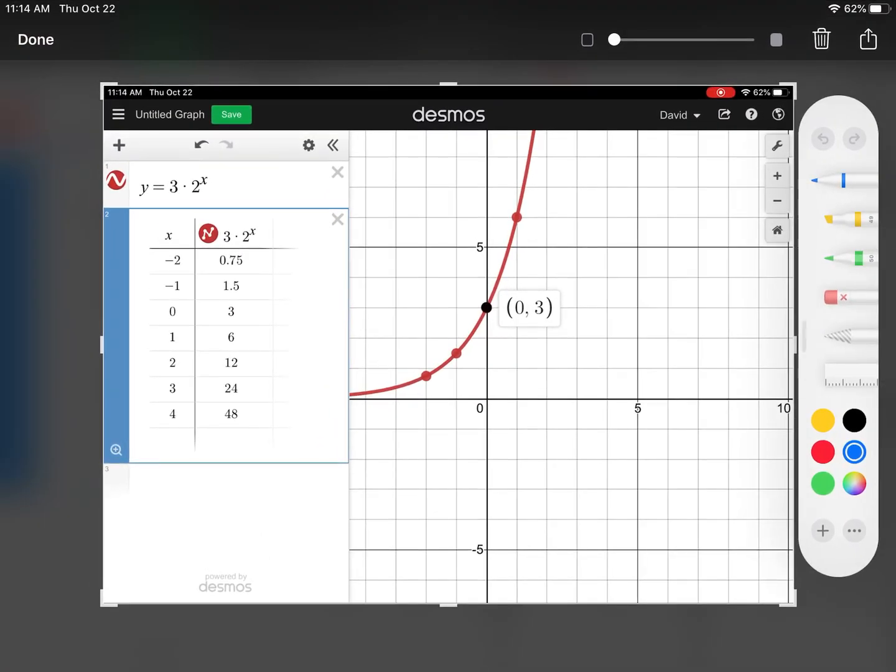Remember, with y equals mx plus b, the line, it was about the y-intercept, right? You had to plot the y-intercept and then the slope. Same thing here. You have your y-intercept here, which is this first term, and then you look at your table and you say, well, each of these is multiplying by 2, and that's your multiplier.